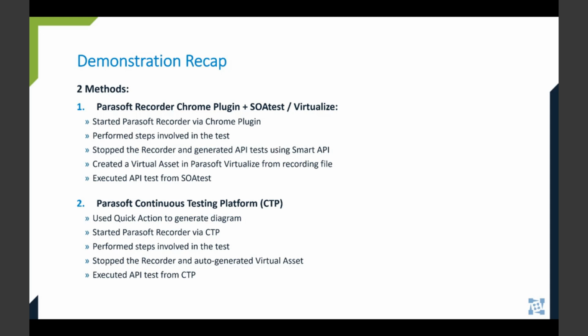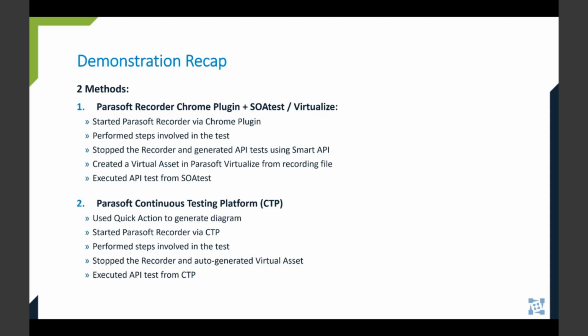The second method is using CTP, in which we used a quick action, that red button on the very front page, to generate the diagram. We then started Parasoft Recorder via CTP from that diagram, and we ran through our tests like we did before, and then we stopped the recorder, and it prompted us immediately, do you want to create your virtual asset from that?